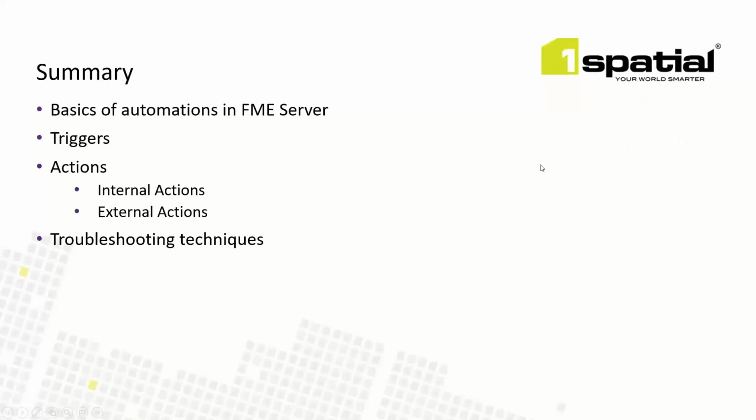We've discussed internal and external actions and the various types of processes that you can put in place once a trigger is activated. And finally, we've looked at the troubleshooting techniques that you may wish to use when thinking about guaranteed delivery and issues that may arise as part of the process.